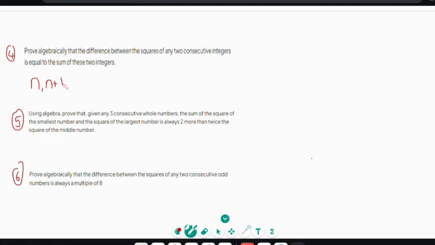So we want the squares of them and the difference, so we're subtracting them. So it has to be the square of the first one, because it's bigger. Subtract the square of the second one. Right, and I'm going to expand the brackets and simplify.